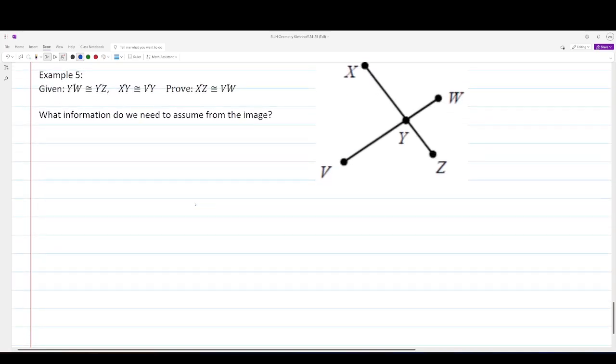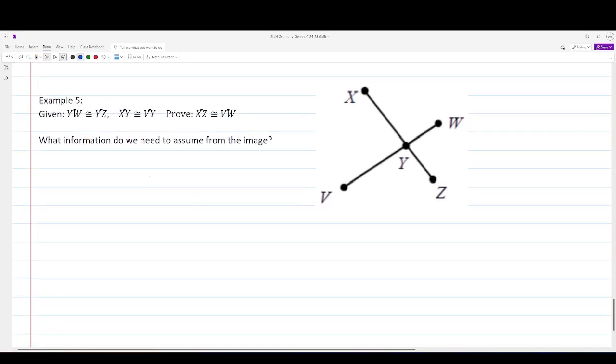All right, we will go through number 5 to finish up. So YW is congruent to YZ. YW, YZ. This one might be the same too. We'll see. XY is congruent to VY. And we're supposed to prove, again, the entire longer segments are equal, so this one is also the exact same.